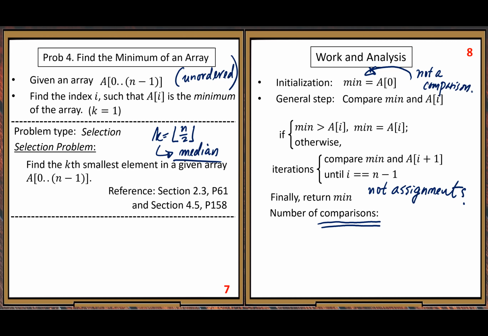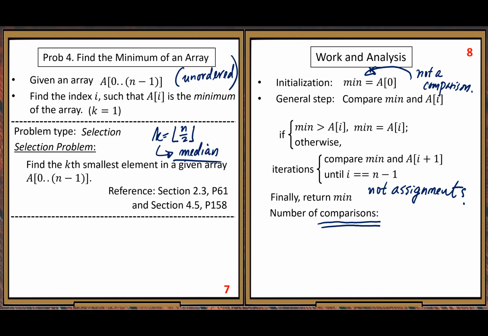So for the first array element, we didn't do a comparison. We just assign a of 0 to our min variable. After that, we do not need to compare min with a of 0. The next time we only need to compare min with a of 1 and so on.